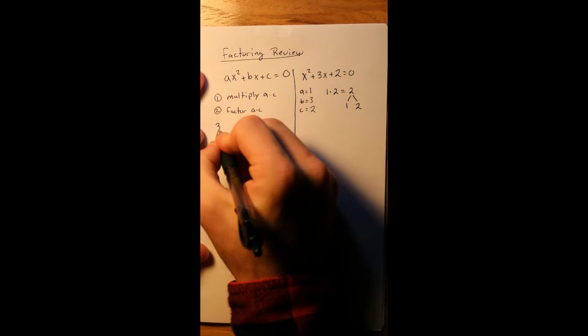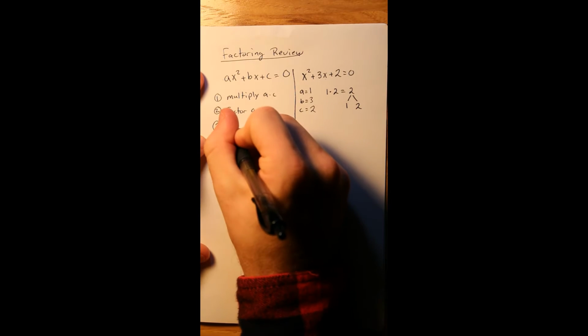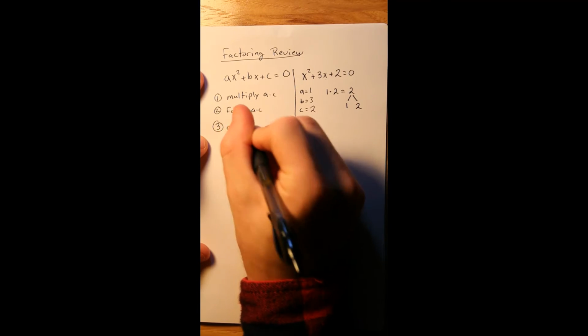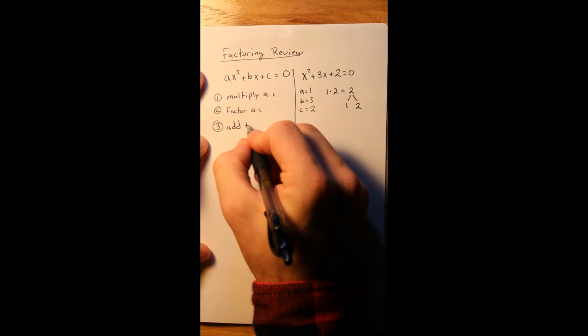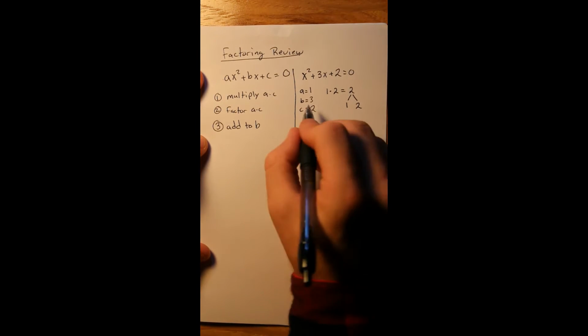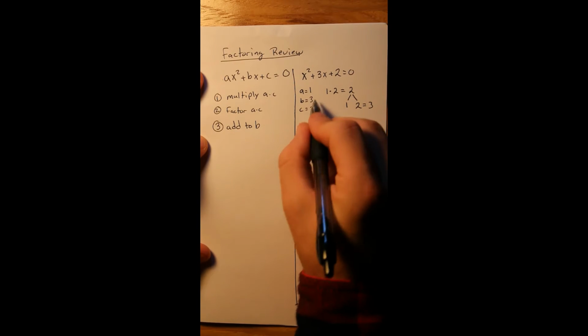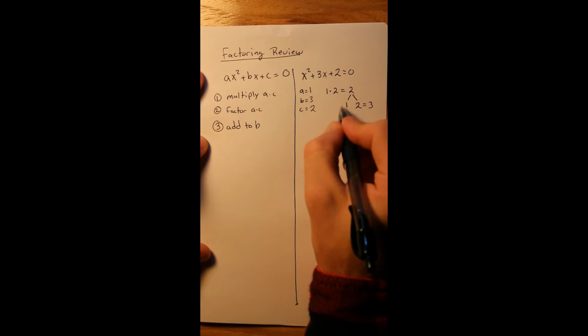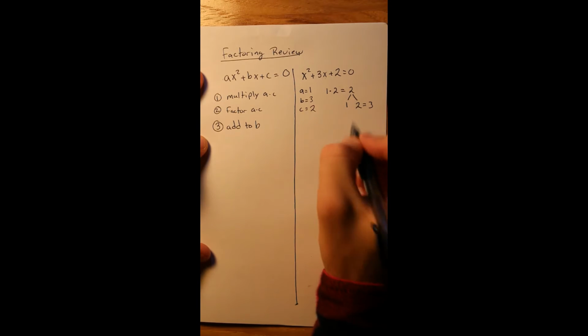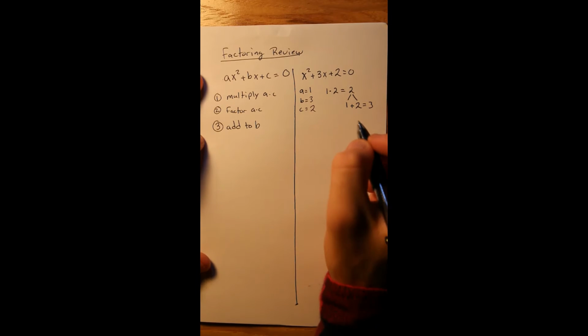And step 3 is simply we want to add these factors to the value for B. So in this case, B is 3, so I like to put equal and then 3. And so what way could I take 1 and 2 and combine them to get 3? It'd have to be 1 plus 2 is 3.